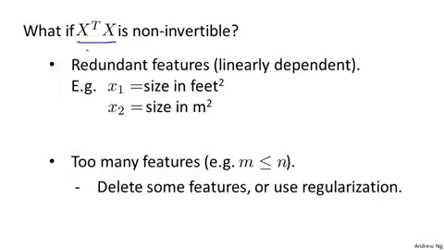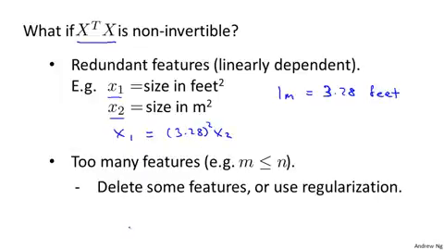Concretely, if you're predicting housing prices, and x1 is the size of the house in square feet, and x2 is the size in square meters, then since 1 meter equals 3.28 feet, rounded to 2 decimals, your two features will always satisfy x1 equals 3.28 squared times x2. If you're an expert in linear algebra, you can show that if two features are related via a linear equation like this, then the matrix X transpose X will be non-invertible.